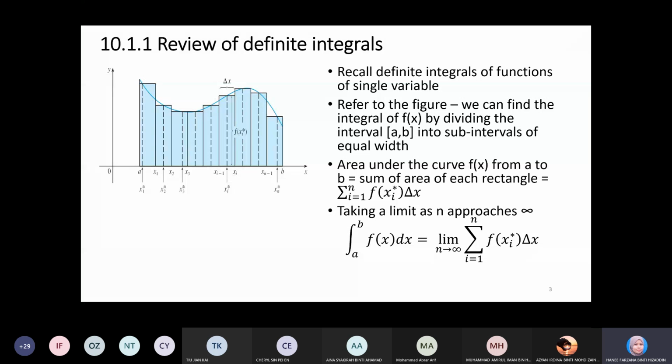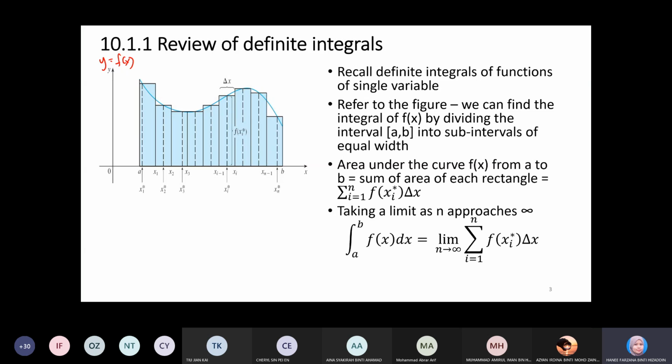Let's have a quick review of definite integrals. If you recall, previously you were used to functions with a single variable. If you have your y here, then y is a function f(x), and your x-axis is the x variable.